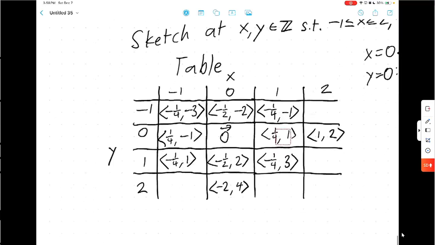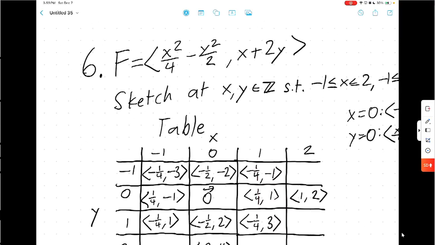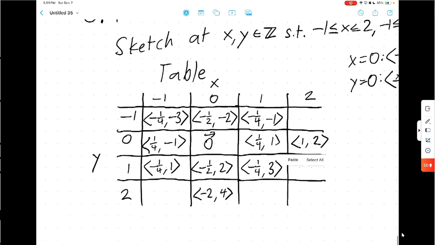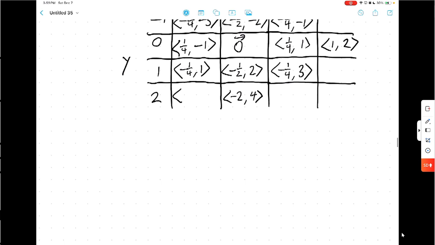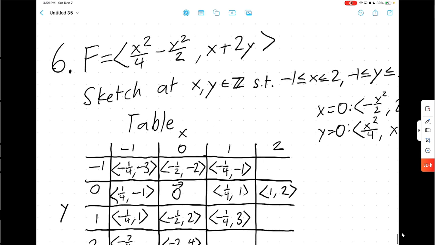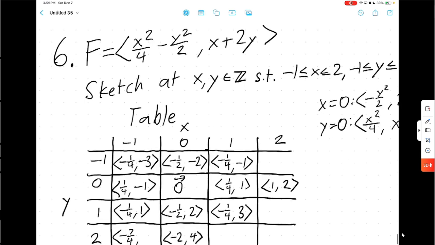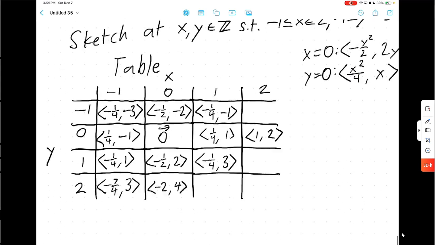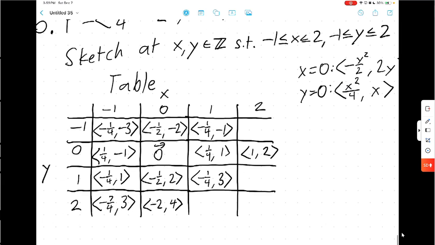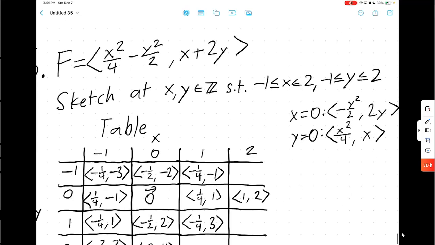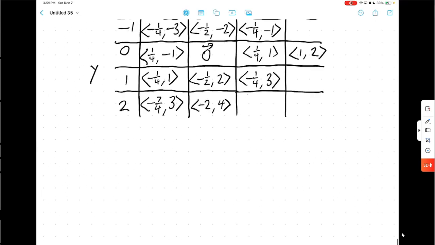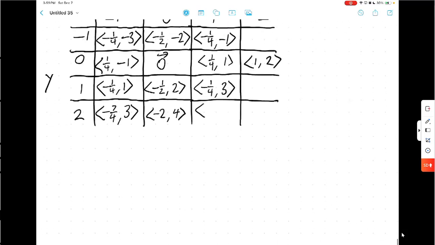For -1, 2, when y is equal to 2, we're going to have 1/4 minus 2. That is -7/4. Or -1 plus 4, that's going to be 3. For 1 and 2, that's also 1/4 minus 2, so we're going to get -7/4 here.